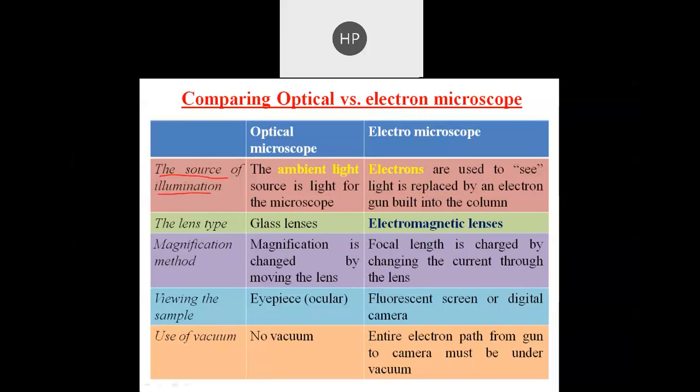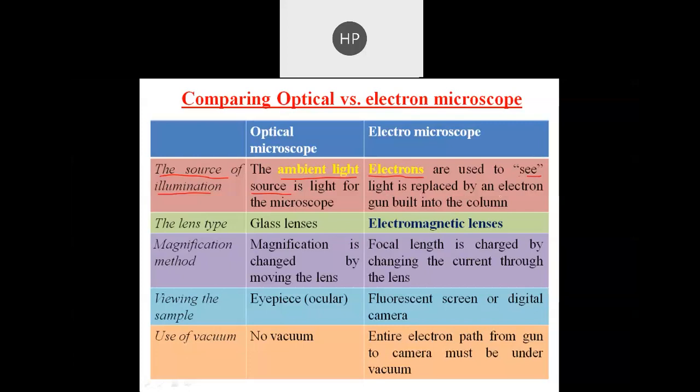To illuminate a particular portion of a material, in an optical microscope we use an ambient light source, with lamps of different brightness, and that light source is used to illuminate that particular portion of the material, while in an electron microscope we use electrons.